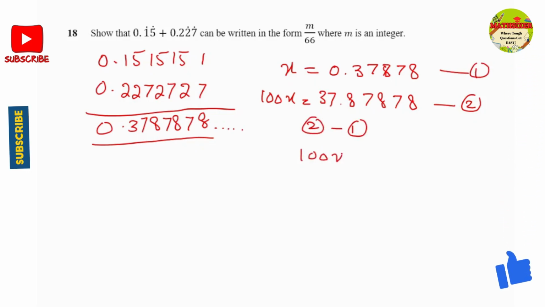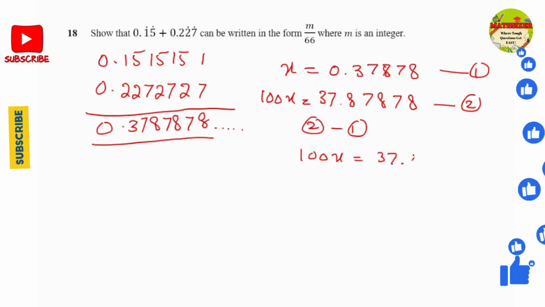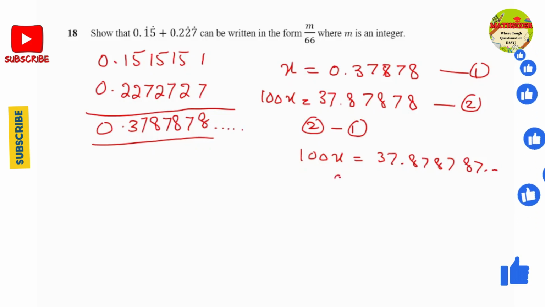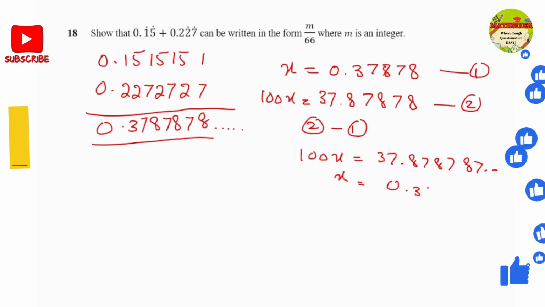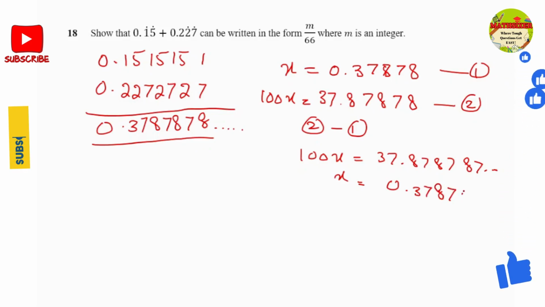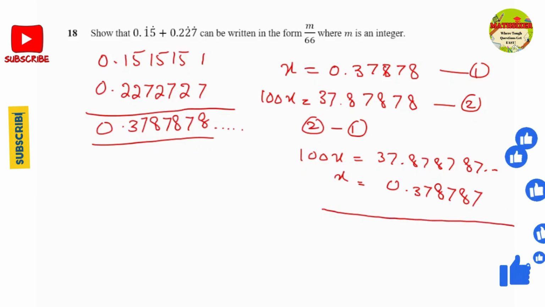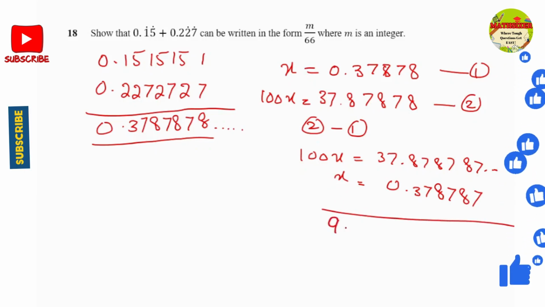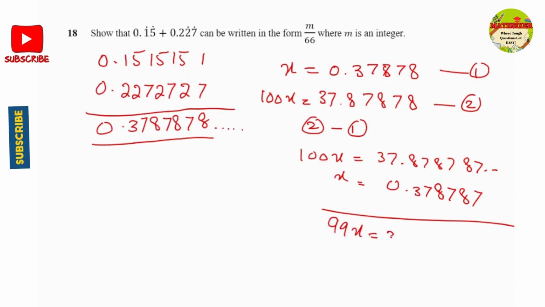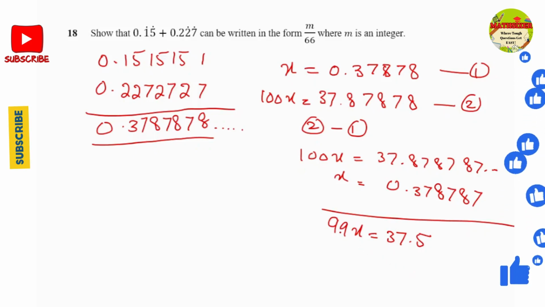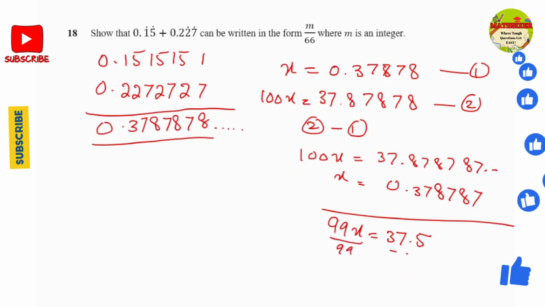So let's do it quickly. 100x is equal to 37.8787 recurring, and then x is equal to 0.378787, and we're going to take away. So that will give us 100x take away 1x is 99x. That gives us 37.5. Okay, so we're going to divide both sides by 99.